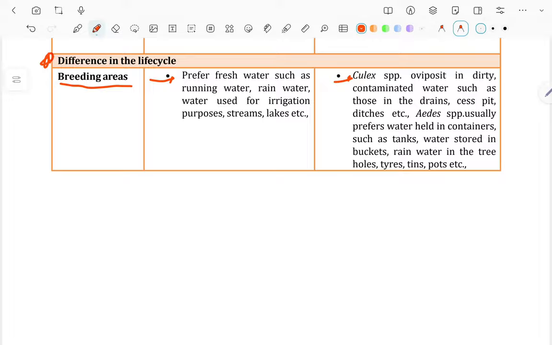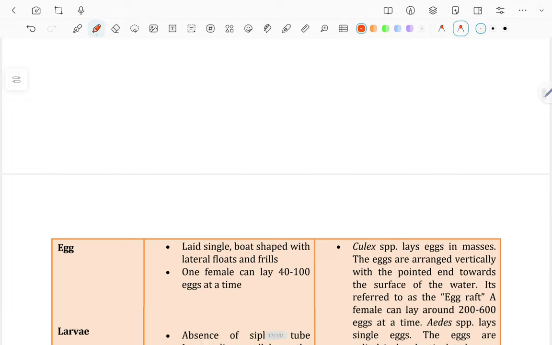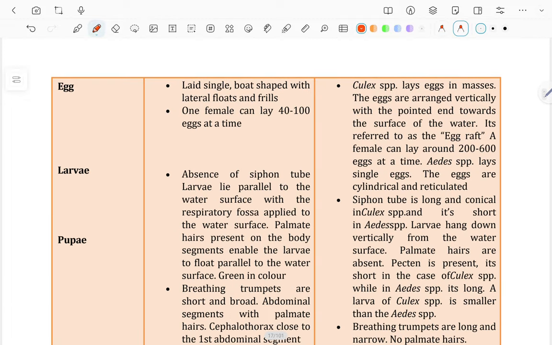Aedes species usually prefer water held in containers such as tank, water stored in buckets, rainwater in the tree holes, tar, tin, pots, etc. Egg laid single, boat shape with lateral float and frills.